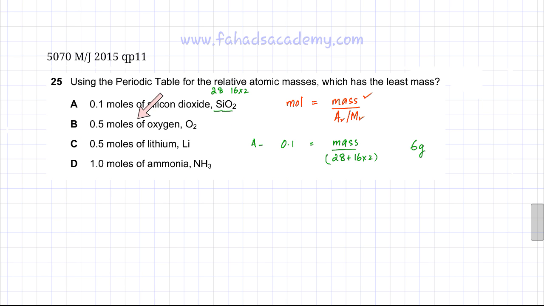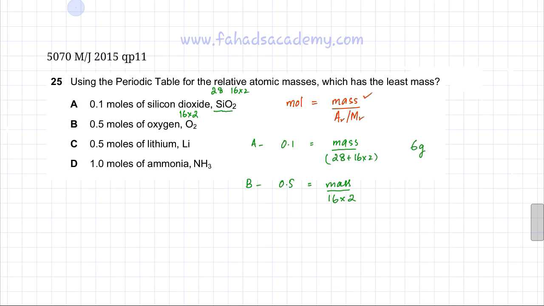In B, I have 0.5 moles of oxygen, O2. Remember, the molar mass of oxygen in the periodic table is 16, and in an O2 molecule there are two oxygens, so that would be 16 into 2. The moles given are 0.5 moles, the mass is unknown, that's what we want to calculate, and the molar mass is 16 multiplied by 2.